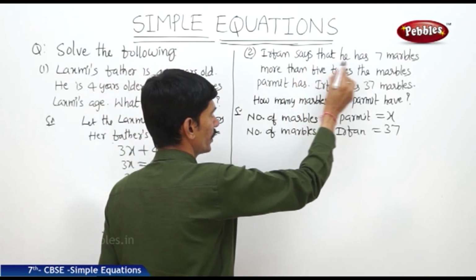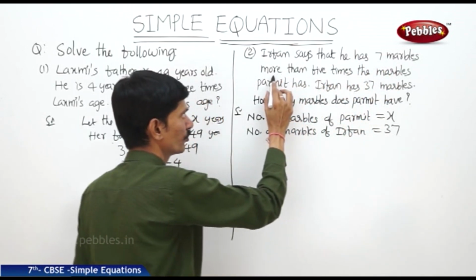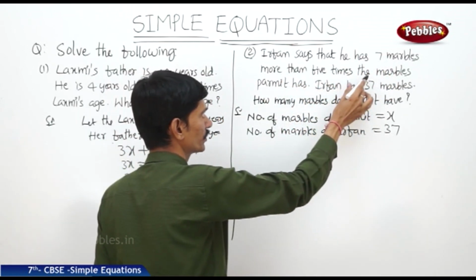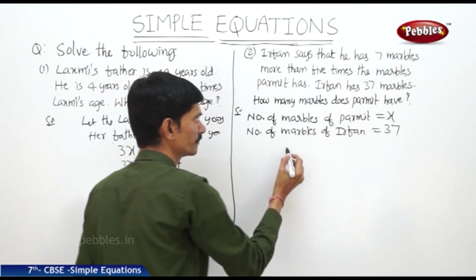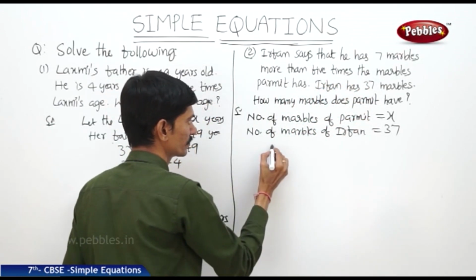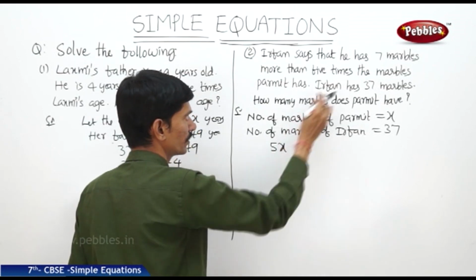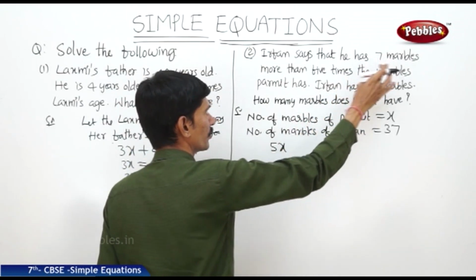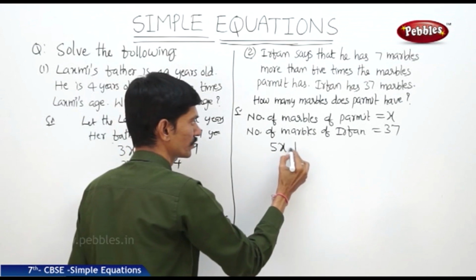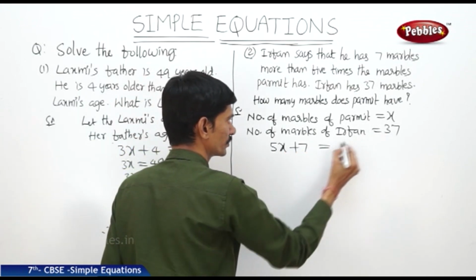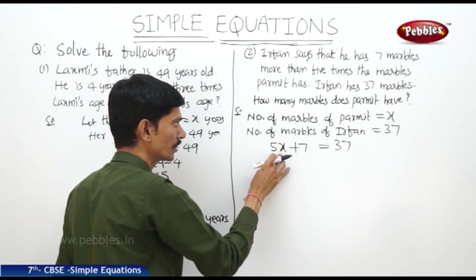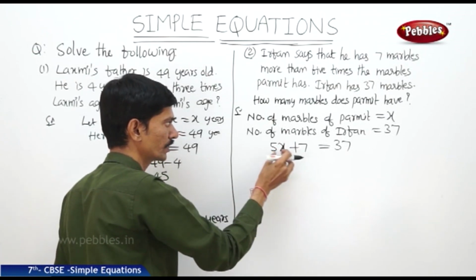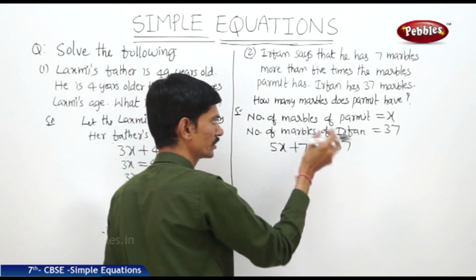Now Irfan has 7 marbles more than 5 times the marbles Parmit has. 5 times the marbles Parmit has means 5x, and he has 7 marbles more means plus 7. So this equals 37. So then we get 5x plus 7 equals 37.